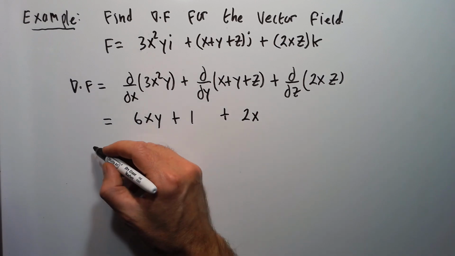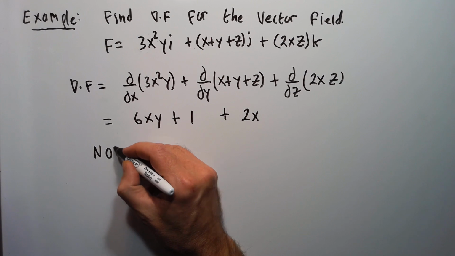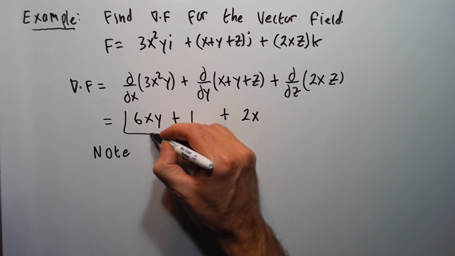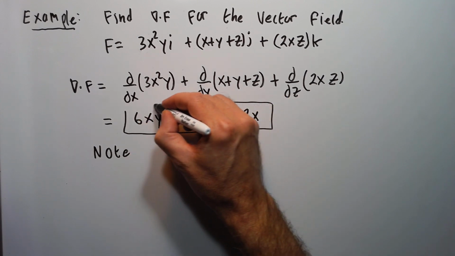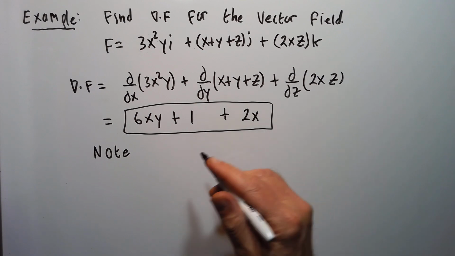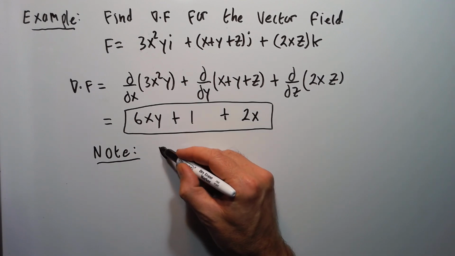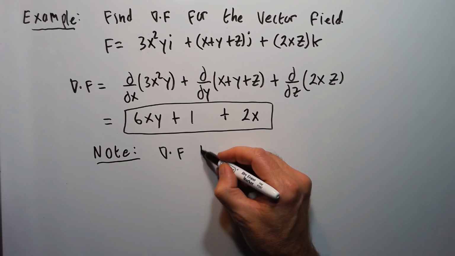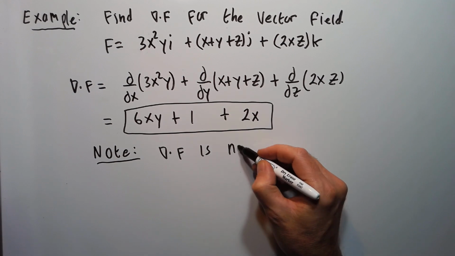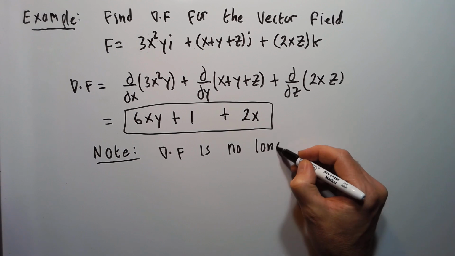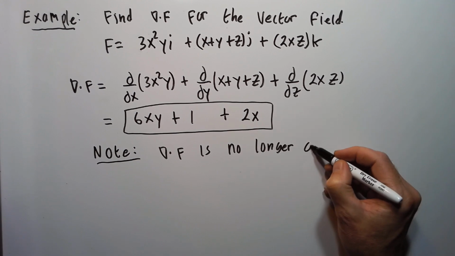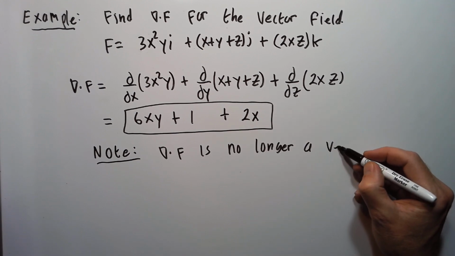So note here, this is our answer here. So note here, the divergence is no longer a vector field.